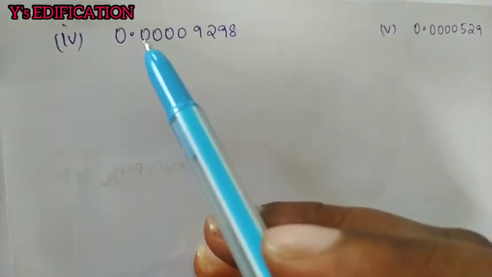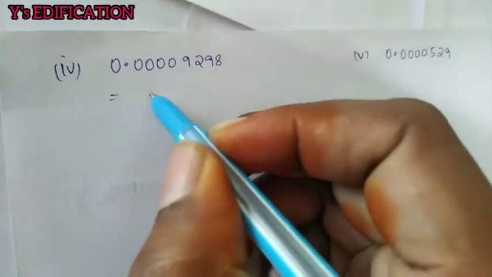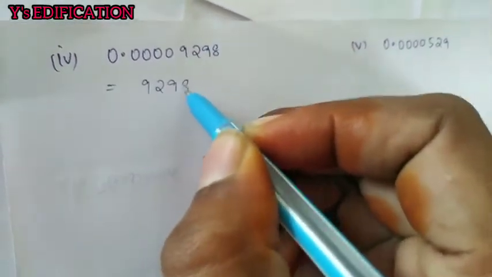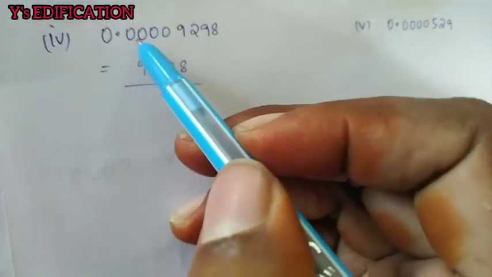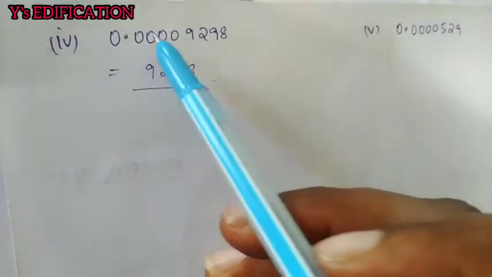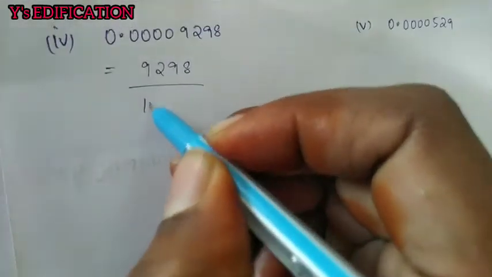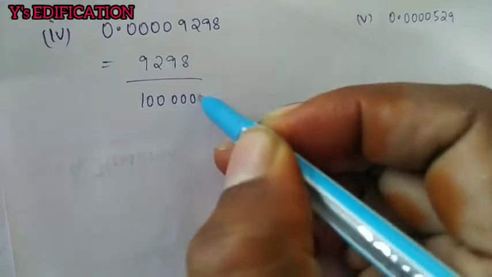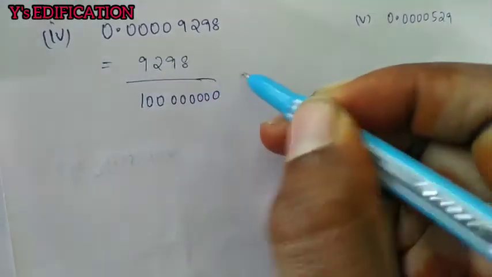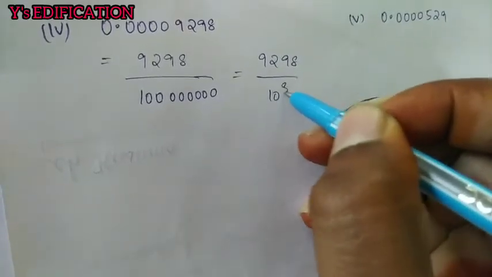Next one, 0.00009298. Okay. So we have to write 9298 by, so how many digits are there after the decimal point? 1, 2, 3, 4, 5, 6, 7, 8. Okay. So I am going to write this as 9298 by 10 power 8.